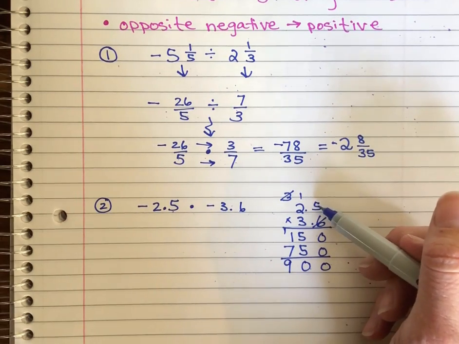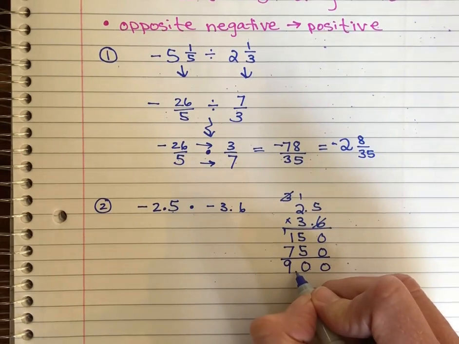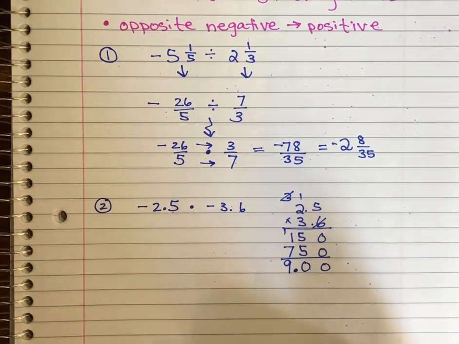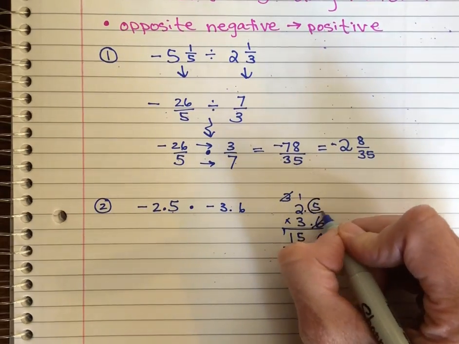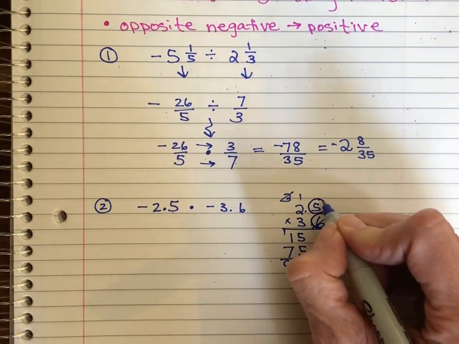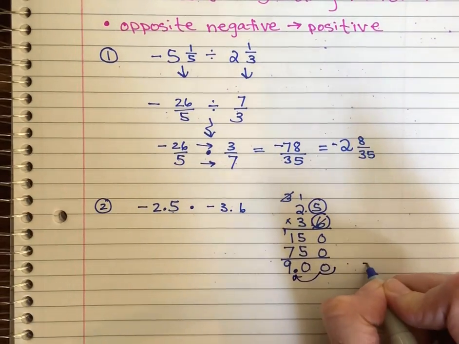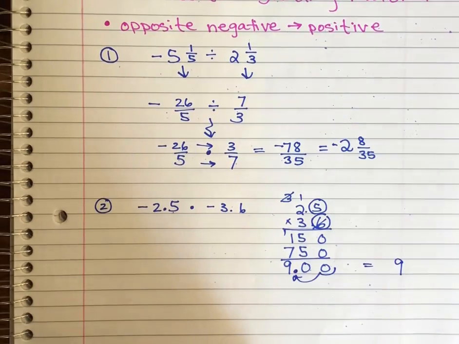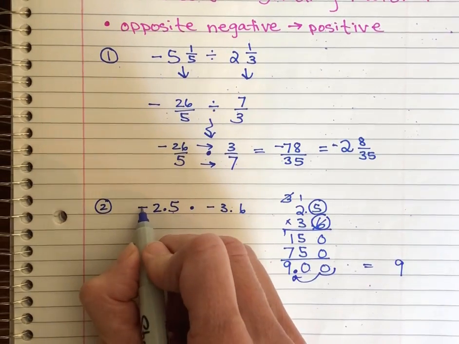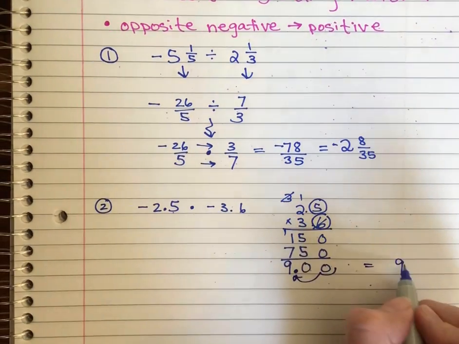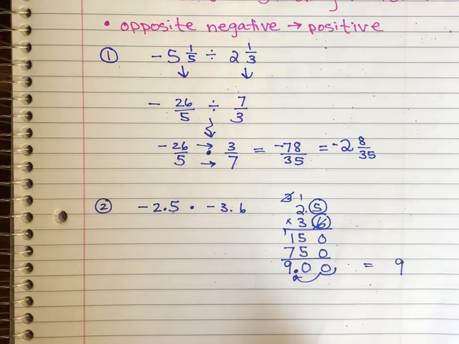So we know this was a little less than 3, so our product will be a little bit less. We can estimate the decimal point right here. We can also double check using our strategy. There were 2 numbers behind decimal points. Move it twice, and we get an answer of 9. Let's check our sign. The opposite of a negative makes it a positive 9.